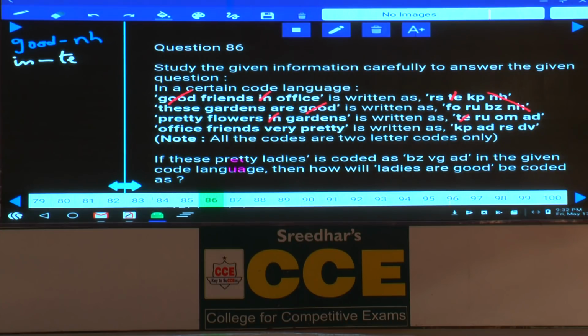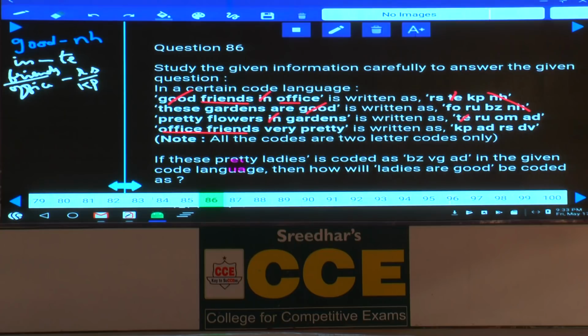Then if you compare the first and the fourth, friends and office, two words are common, so two codes will be common. What is the code common here? RS and KP.